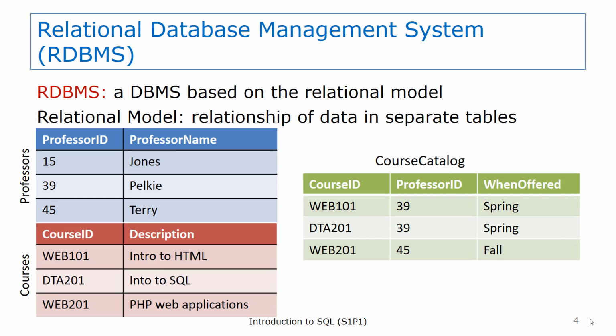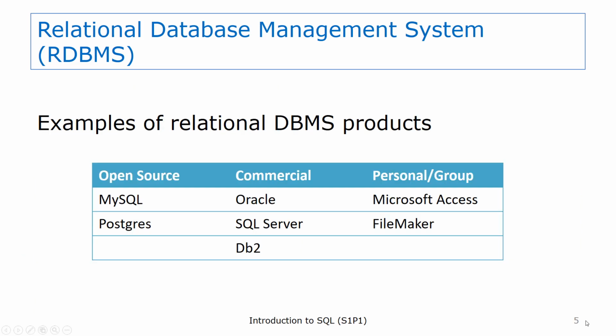In the course catalog table, the course ID is based on the course ID from the courses table. The professor ID is based on the corresponding column in the professors table. The when offered column is defined in the course catalog. You'll learn how to work with these types of data and relations in this course.